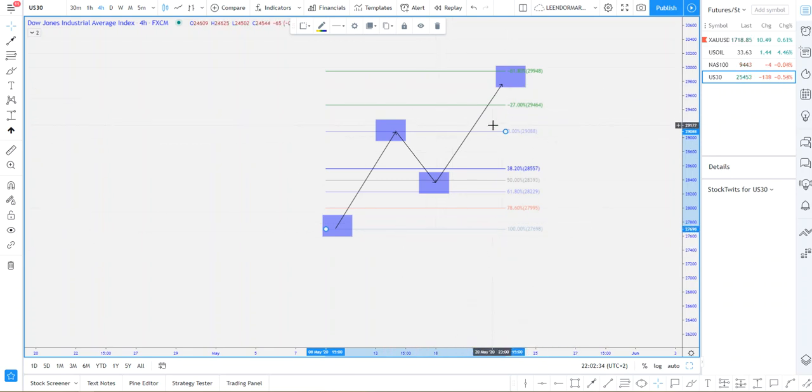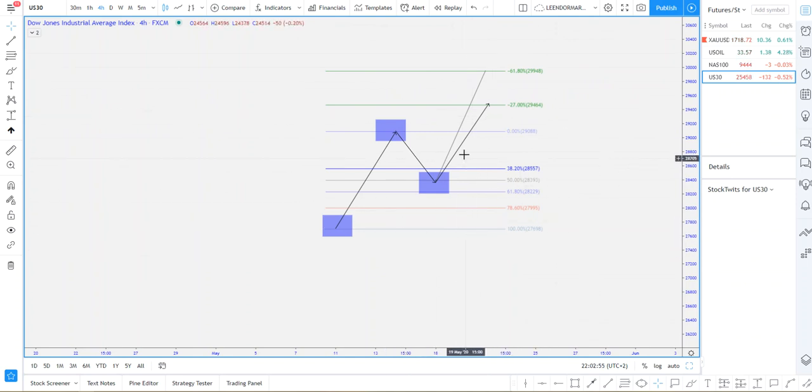Now, here's the trick. On your targets, you always use negative 27 as your first target and negative 61 as your second target. So the market can either come to that negative 27 mark or come to that negative 61.8 level. So you must always know that.